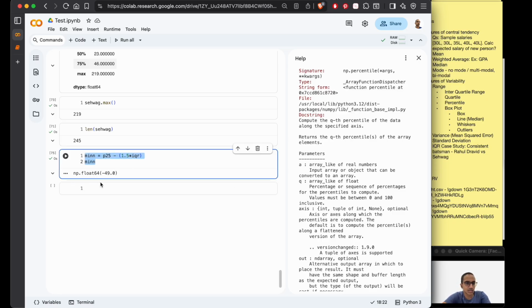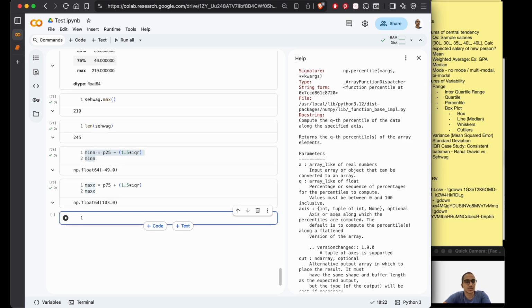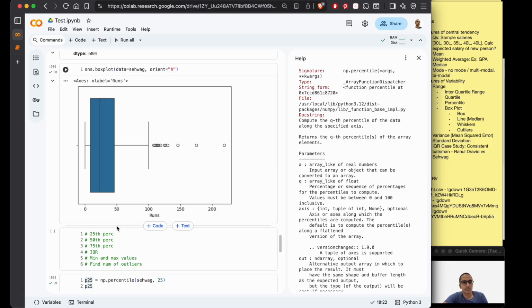So what we will do is calculate the max value, which is Q3 plus 1.5 times the IQR. So the max is 103. Seems to be matching the data, right?